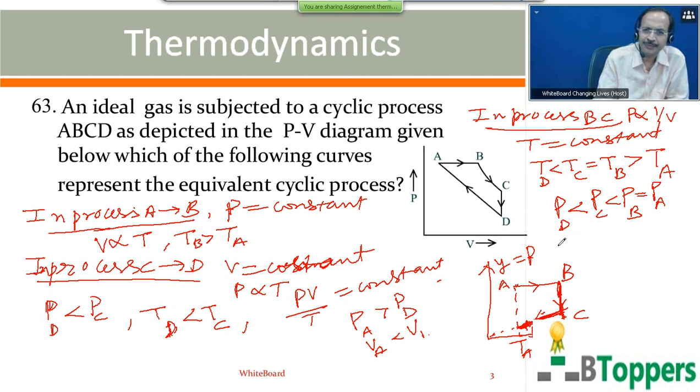Then from D to A, you get PV graph is a straight line, equation of straight line with intercept form, given by x by a plus y by b is constant. In this equation, that is V by a plus P by b is constant.